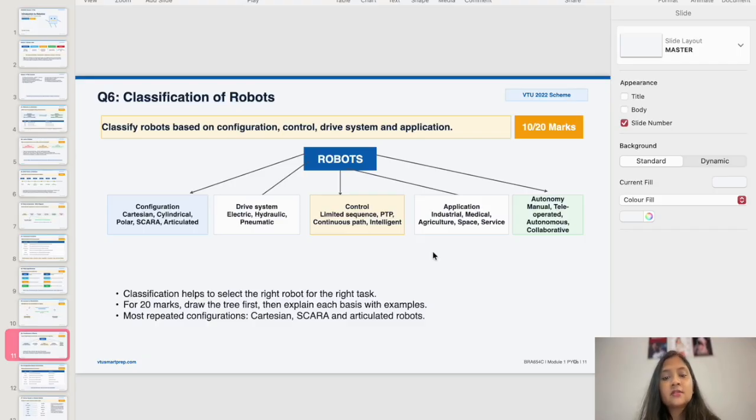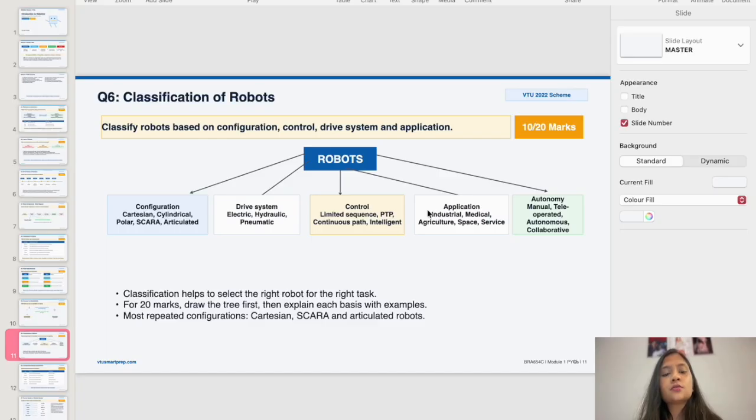Based on the drive system, robots are electric, hydraulic, and pneumatic. Based on control, they can be limited sequence, point to point, continuous path, or intelligent robots. And based on applications, we have industrial robots, medical robots, agriculture robots, space robots, and service robots. And when we talk about autonomy, we have manual, teleoperated, autonomous, and collaborative.